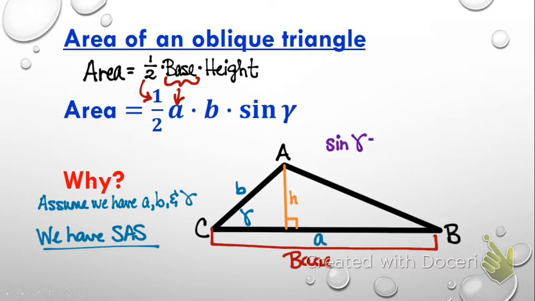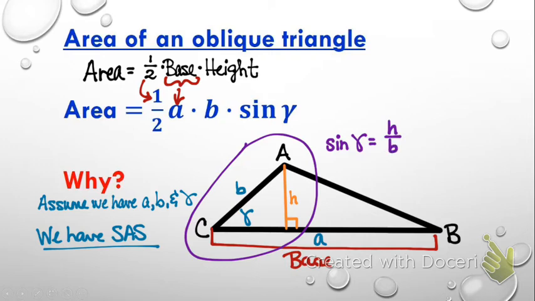Sine of gamma is equal to opposite over hypotenuse, right? What's the opposite of gamma? If I'm looking at the 90 degree, I'm just looking at this little triangle that we've made. That's H over the hypotenuse, which would be B. So here's the opposite side. Here's the hypotenuse.